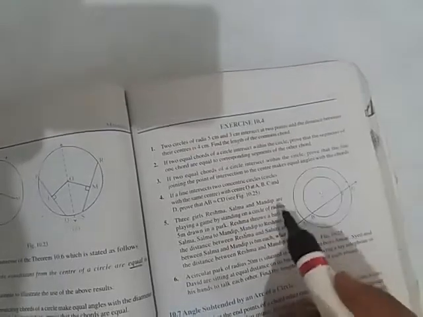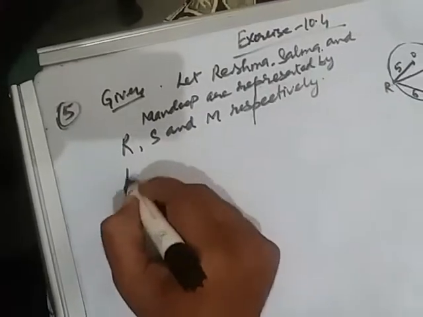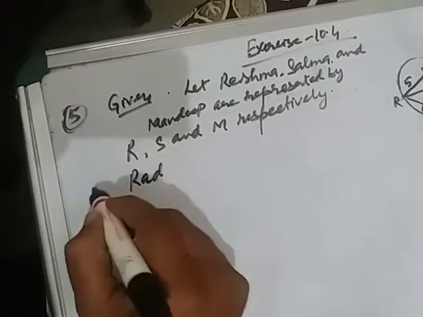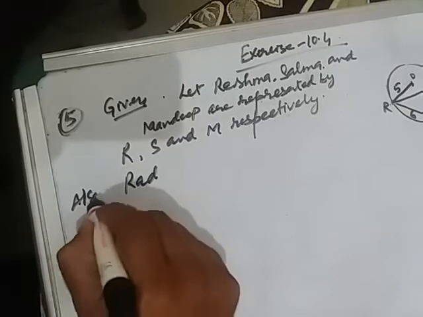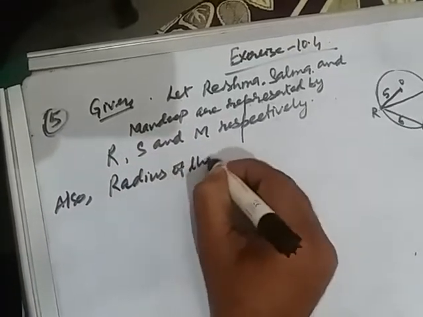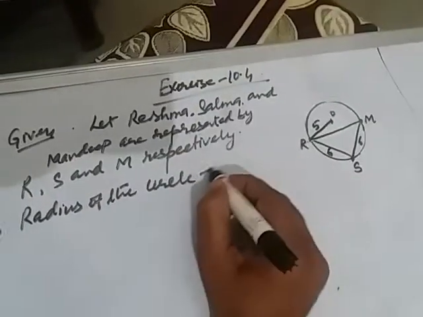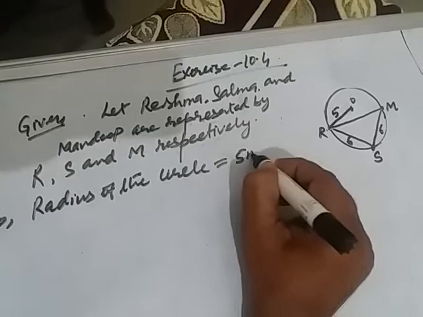The radius of the circle is 5 meter. Also here you can write: radius of the circle equal to 5 meter.